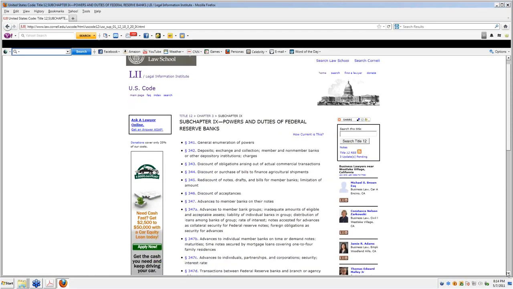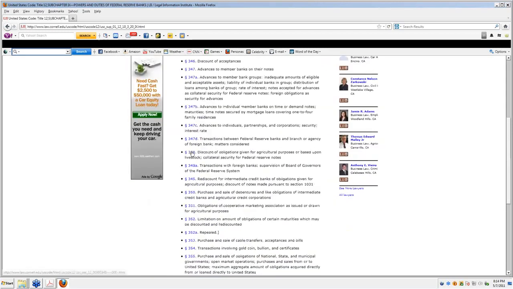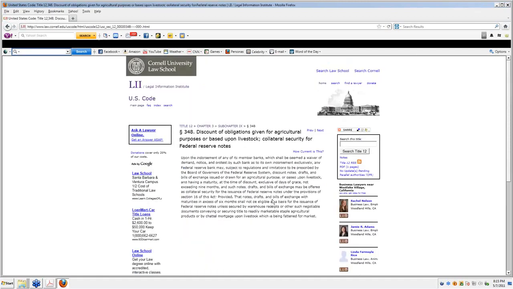Title 12, Chapter 3, Subchapter 9. Read this from here down. Provided that notes, drafts, and bills of exchange with maturities in excess of 6 months shall not be eligible as a basis for the issuance of Federal Reserve notes unless secured by warehouse receipts or other negotiable documents conveying or securing title to readily marketable staple agricultural products or by chattel mortgage upon livestock which is being fattened for market.